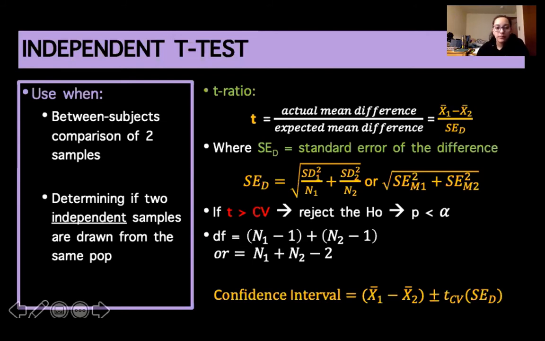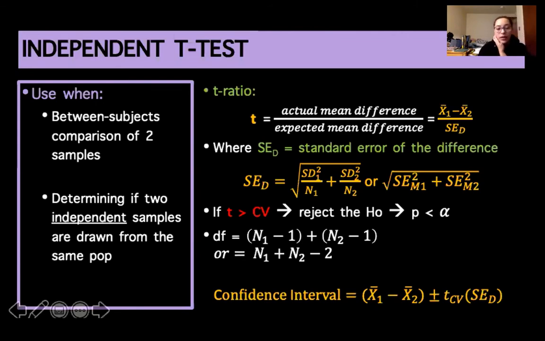If these two samples are significantly different from each other, the true mean difference displayed in our confidence interval is going to probably be a little bit larger in value.